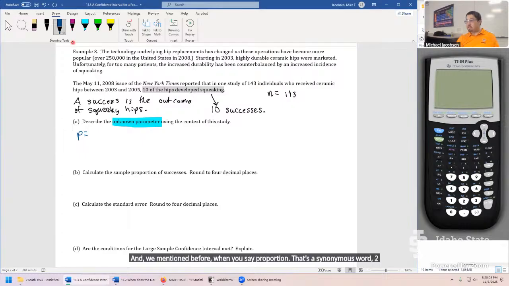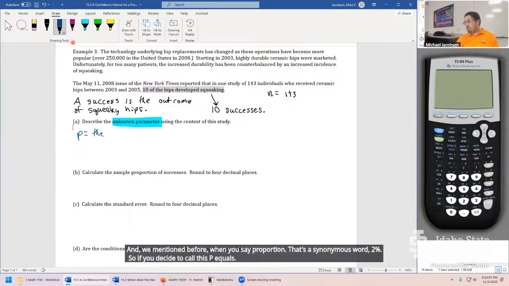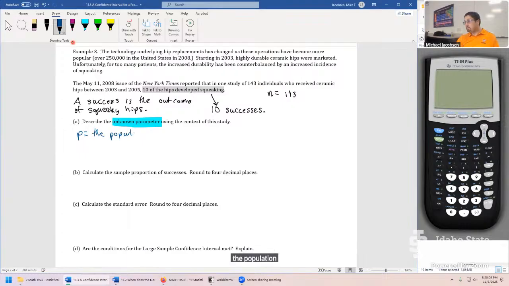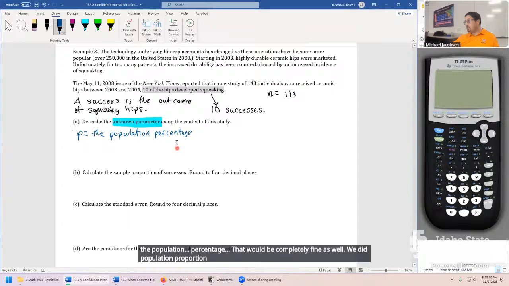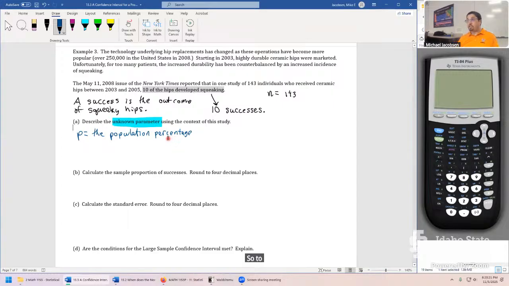So if you decide to call this P equals the population percentage, that would be completely fine as well. We did population proportion on the other problems. So to just show a different way to do it, let's go for percentage on this one.